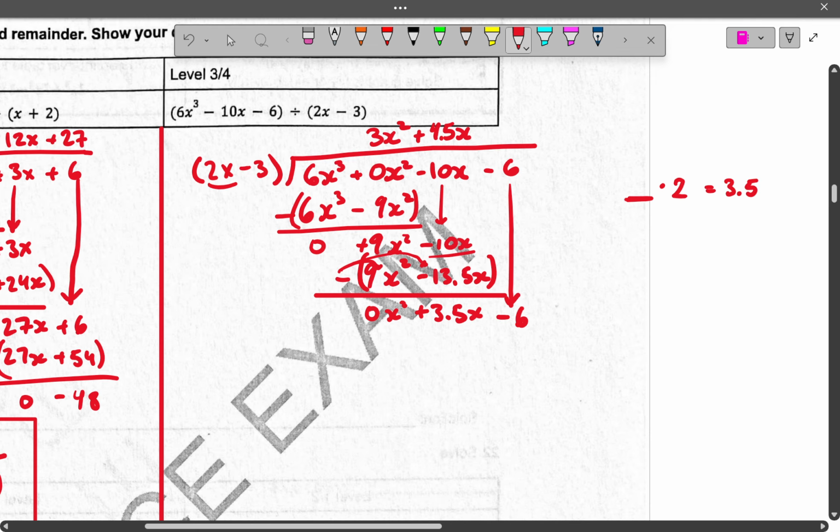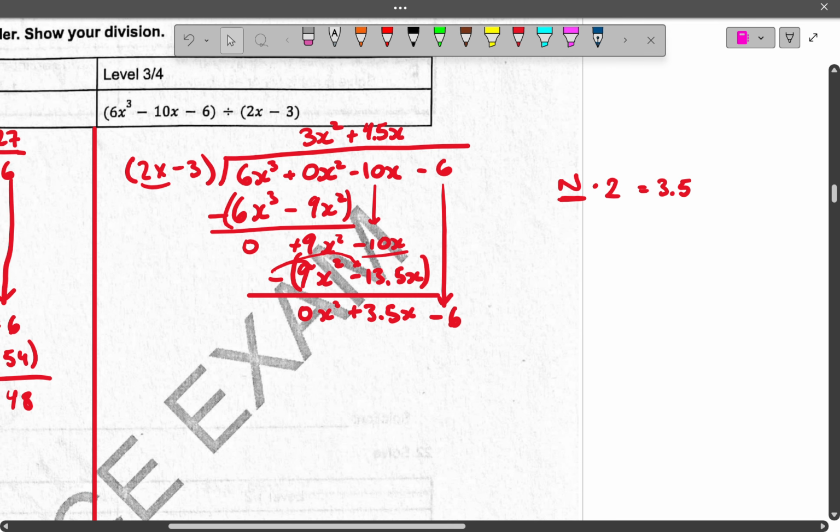And so this number that I want to find, I'll just call it n, I could solve for it by dividing both sides here by 2. So this will be some sort of fraction here. So if we do 3.5 divided by 2, we get 1.75. And so that's the last number that I'm looking for, so that I can get rid of the 3.5x, getting rid of that leading term again.